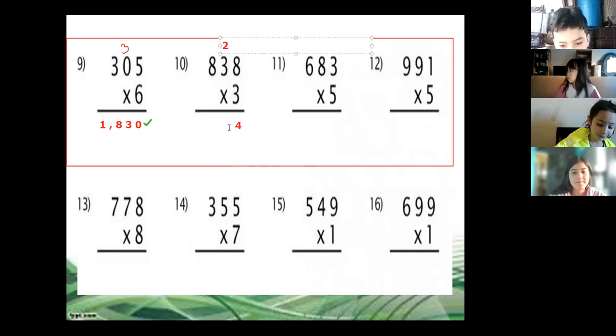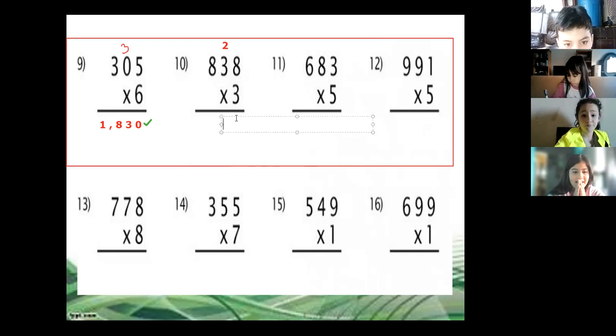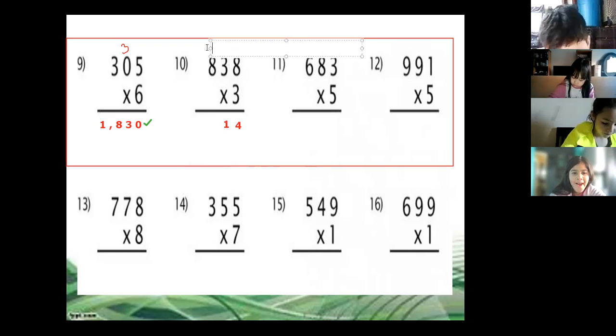Now, 3 times 3 is 9. Plus 2. It's 11. Excellent. So we write number 1 and we regroup the other one on the hundreds.